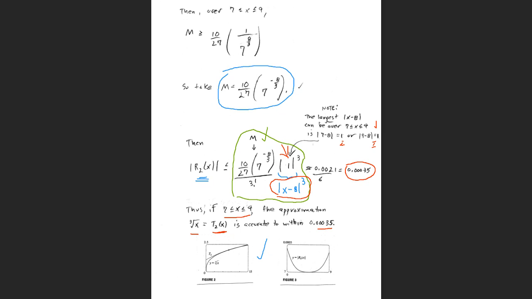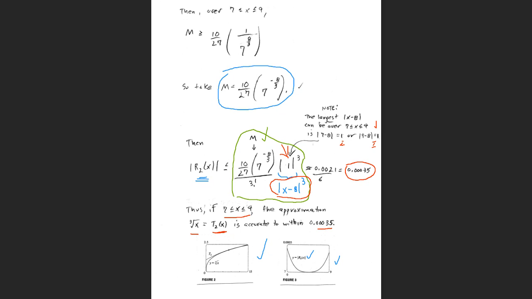And then what the textbook drew in figure 3 is the absolute value of the error between the two functions. If we were to take the function, subtract its second degree Taylor polynomial, take the absolute value and graph it, this is what the graph would look like.